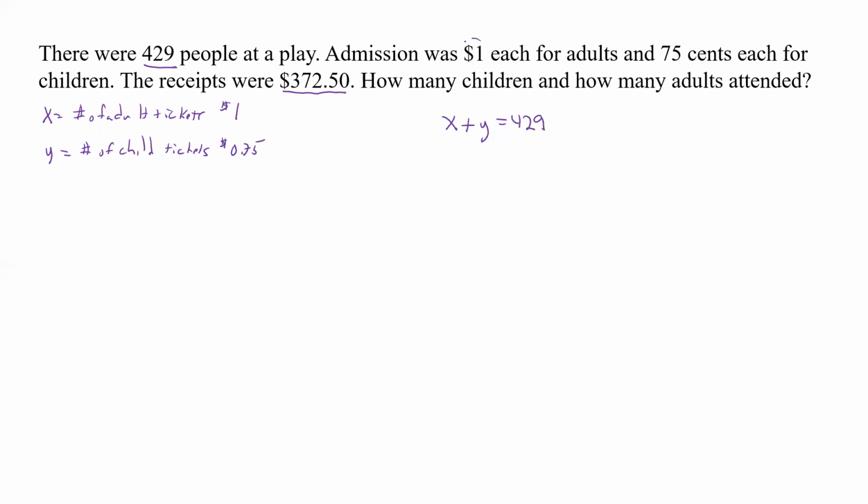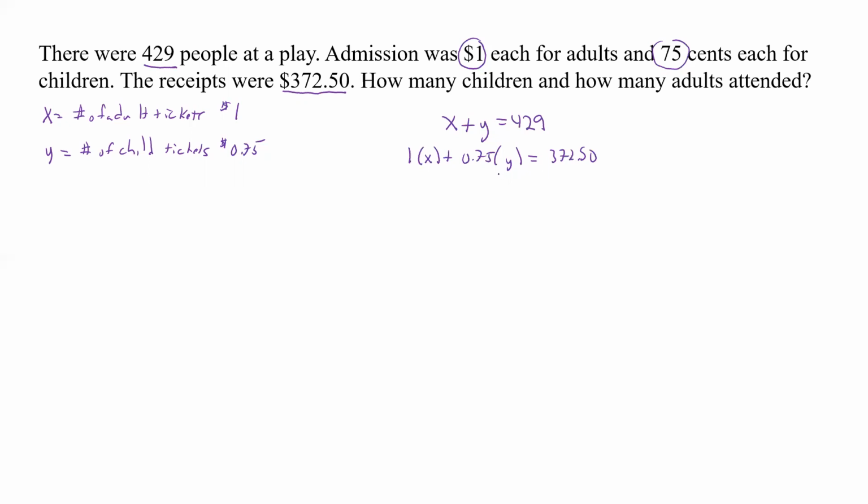If we take this amount times how many there were, plus this amount times how many of those there were, that should equal our total from sales. So that would be 1 times X plus 0.75 times Y, equal to 372.50.